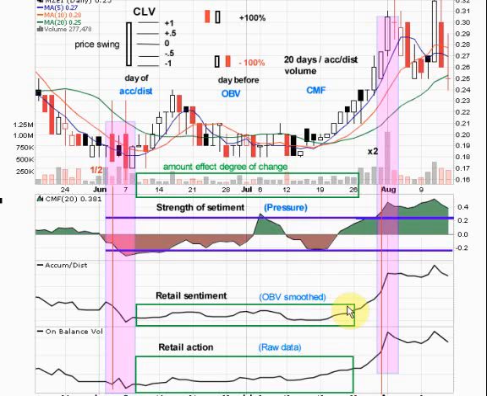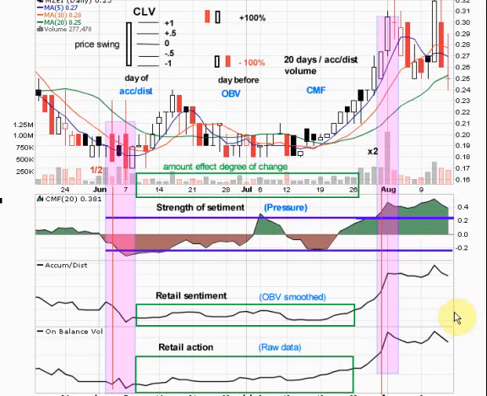Now, I personally don't use on balance volume or accumulation distribution because it is a graph that gives you no reference points. As you can see, there's no reference points. There's either an increase or there's a decrease.